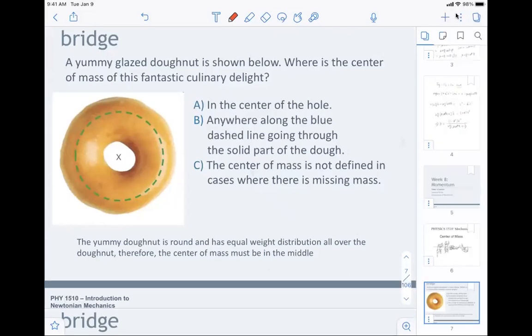In the center of the hole. It will be the center. Very good, because that is the average position of all the masses. And you might wonder, there's nothing in the hole, and that's okay. The center of the mass can be outside of your body, outside of your material. Okay, so that is possible.